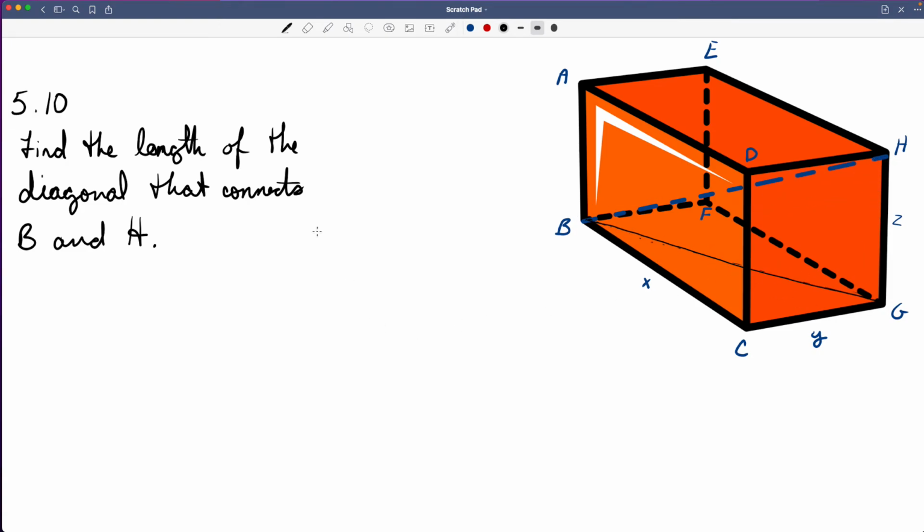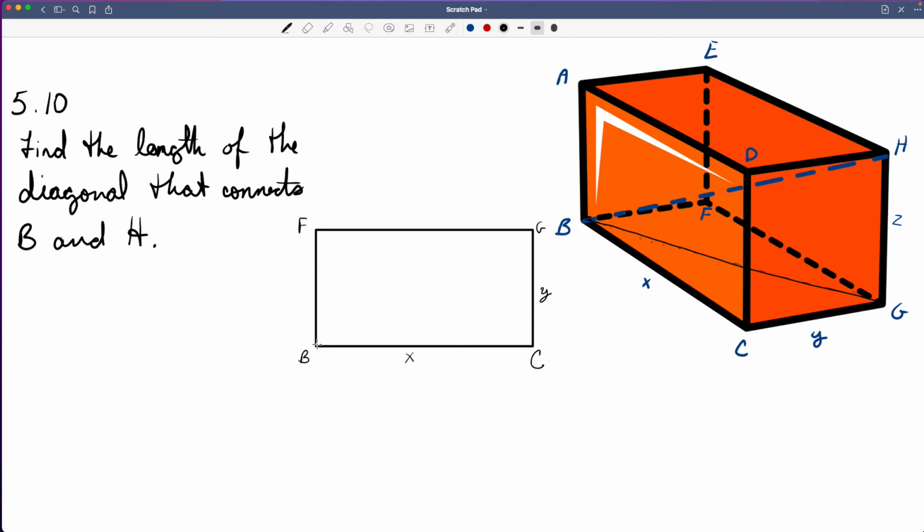So first of all, let me illustrate the base of this rectangle. The base of this rectangle, we have B and F and G and C. You see that? B, F, C, and G. Between C and G, we have the length Y. Between B and C, we have the length X. You see that base down here?